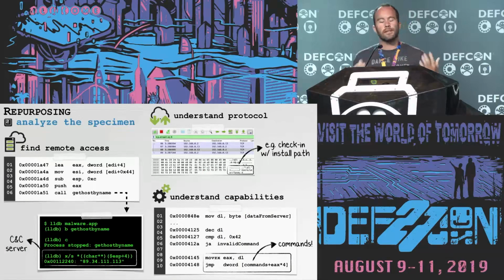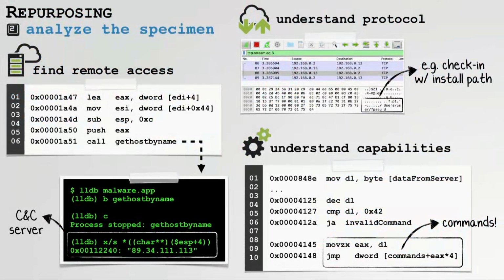Now, once you've selected your malware sample, it's time to analyze it. In terms of repurposing, as we mentioned, the main goal is to figure out things like if it has any remote access, right? If it's talking to a remote command and control server, we want to know what that server is so that in the malware we can modify it to instead talk to us.